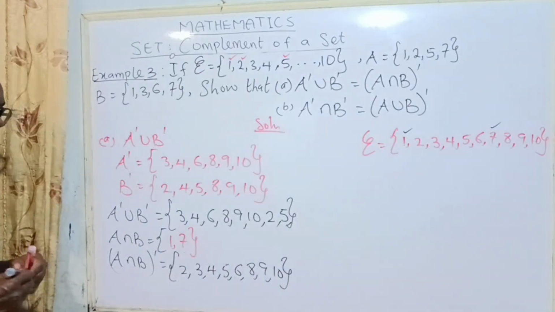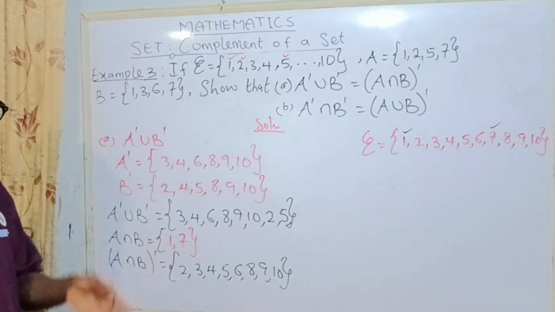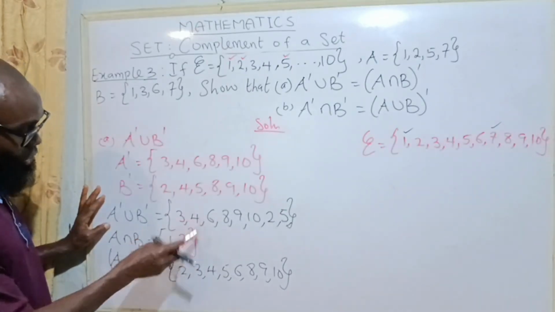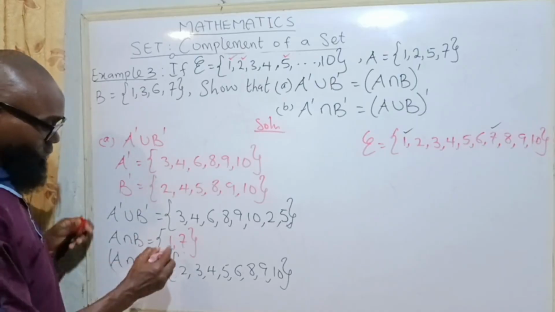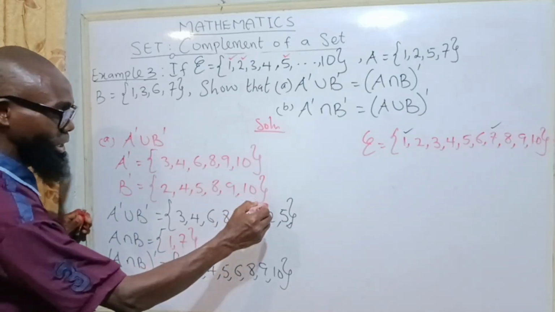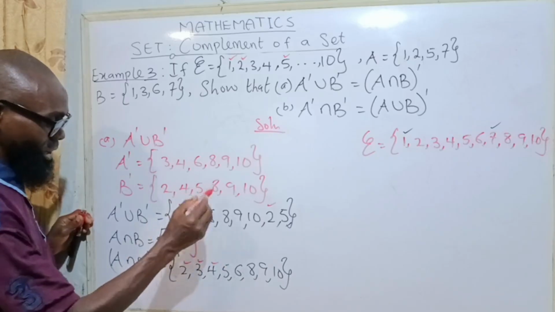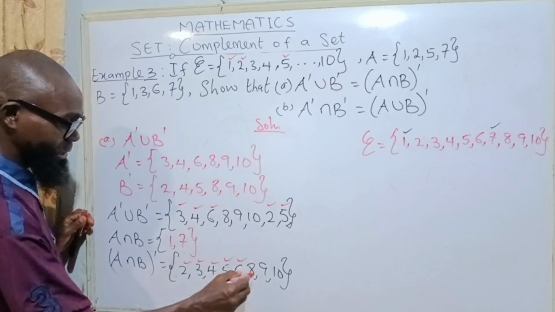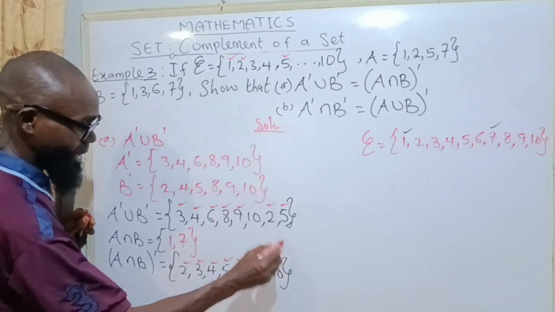Fine. When we have this, we'll now compare the first one and the second one. Are they equal to each other? We have 2 here, we have 2 here. 3 is here, 3 is here. 4 is here, 4 is here. 5, 5, 6, 6, 8, 8, 9, 9, 10, 10.